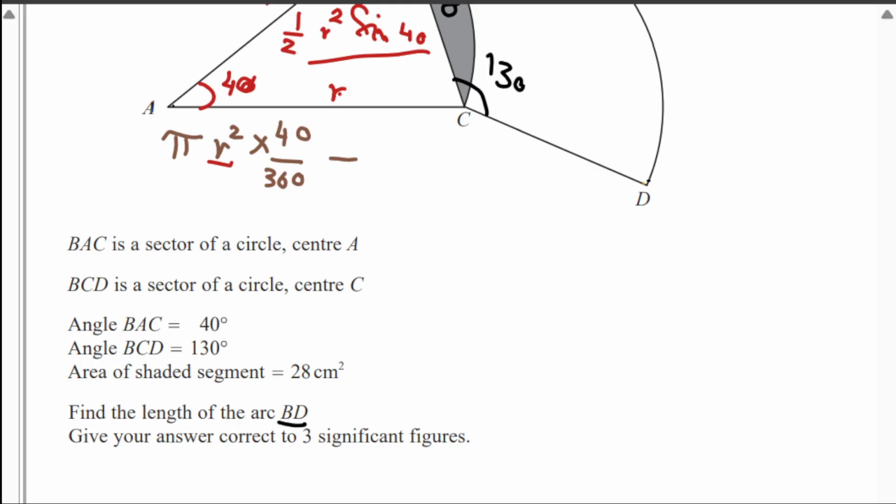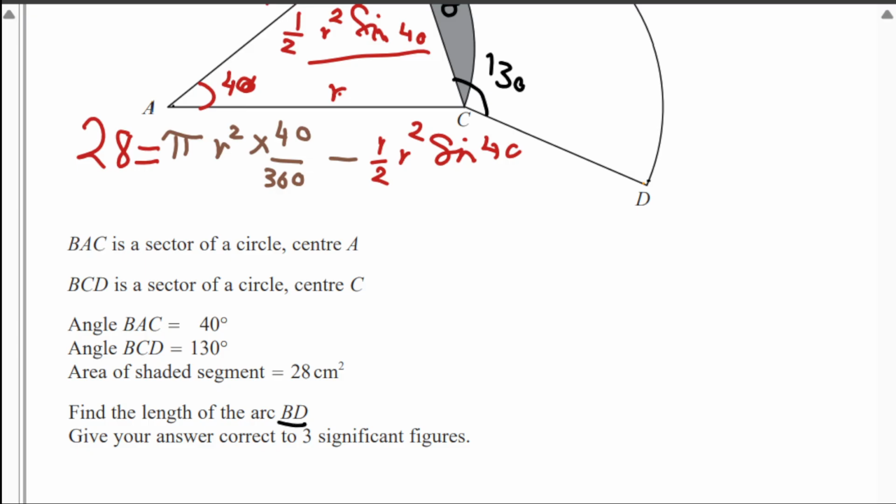So this is going to be pi r squared times 40 divided by 360 minus half r squared sine 40. What's this? This is 28, which is the shaded area. Have you noticed now this looks like a quadratic? We can just solve it.